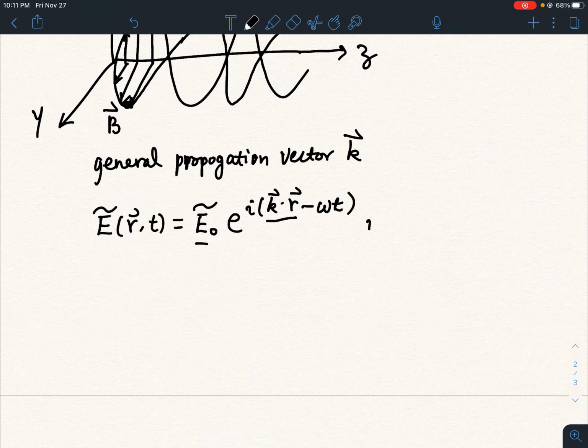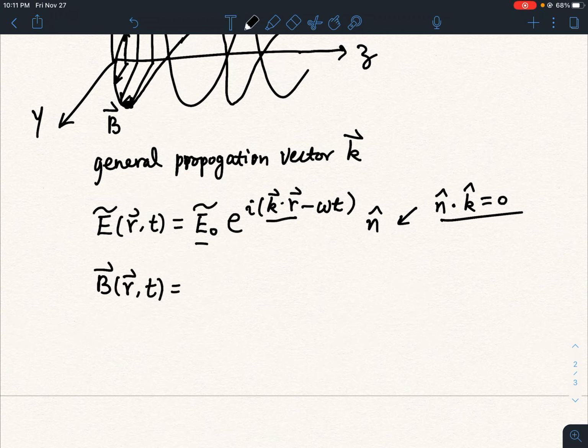This is along the n direction, and we said it is a transverse wave, so k·E0 should equal 0. The electric field direction is perpendicular to the wave propagation direction, and the same thing for the B.